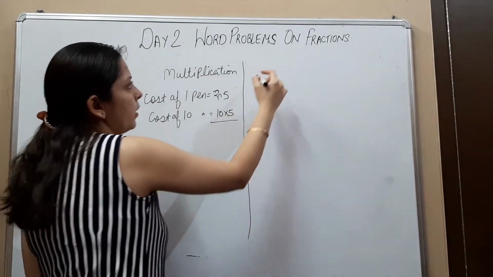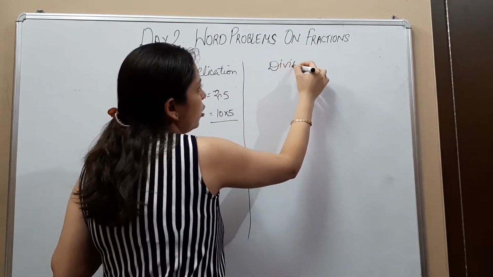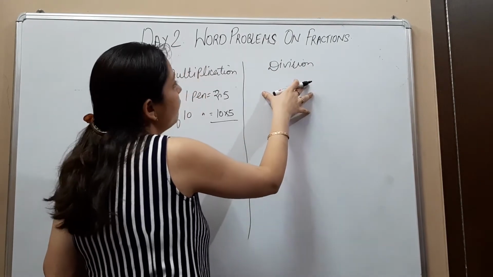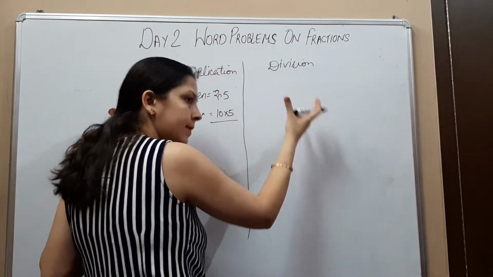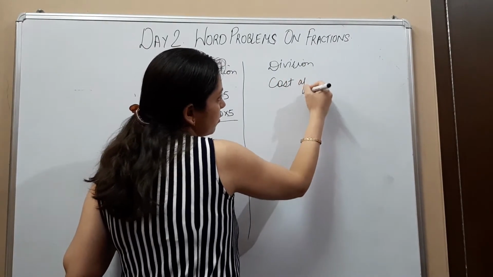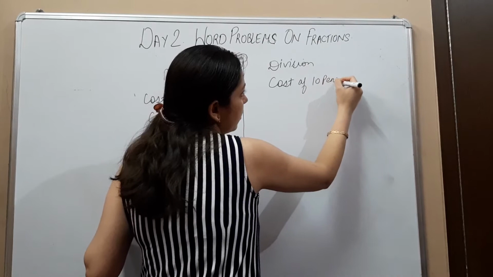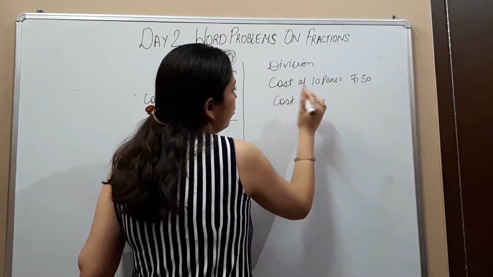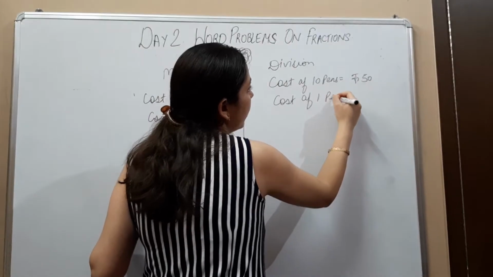And in division you are given the value of more things, but you have to find the value of one thing or fewer things. In that case you will divide. Like cost of 10 pens is rupees 50, and then you have to find the cost of 1 pen.